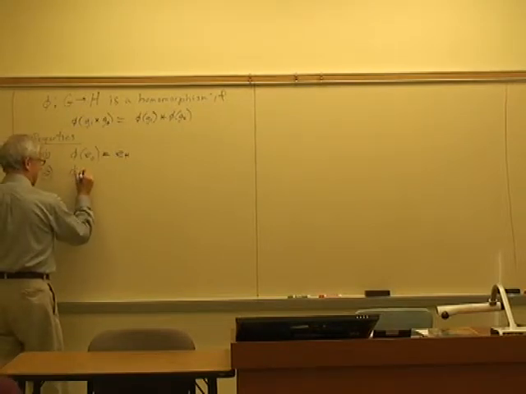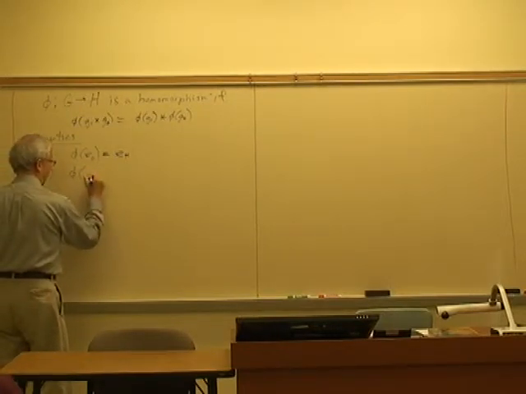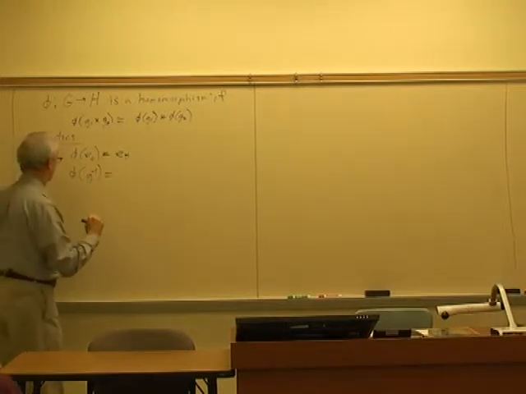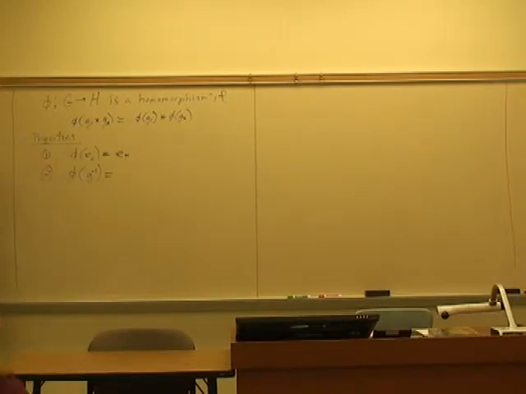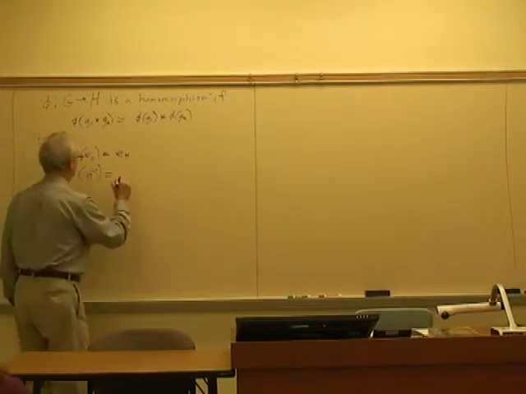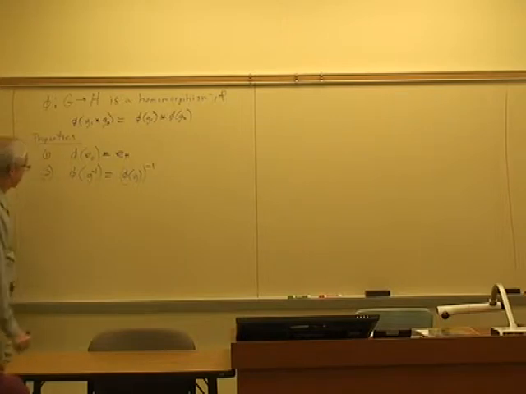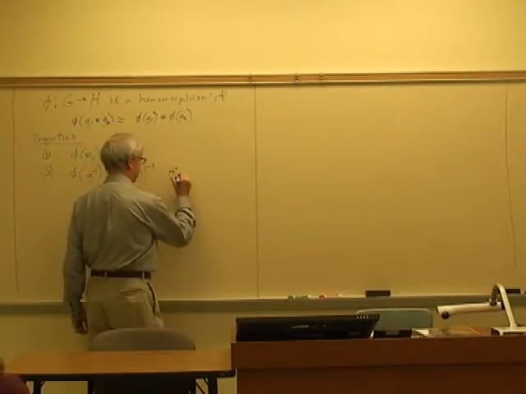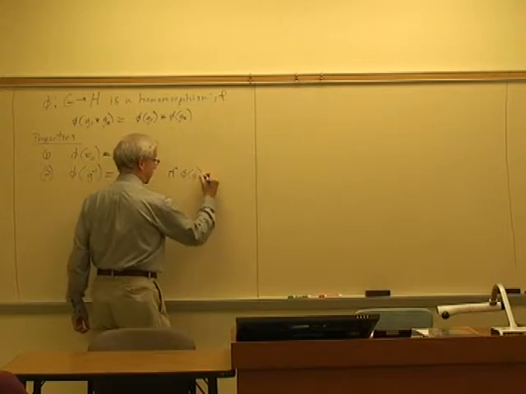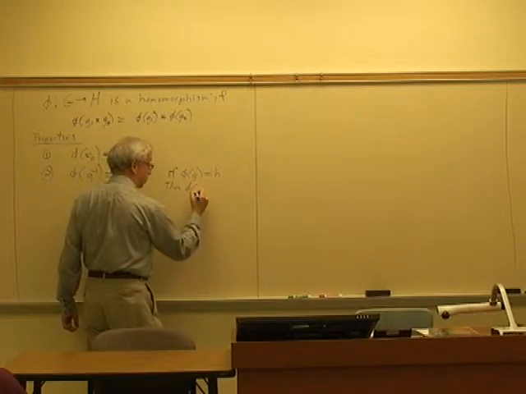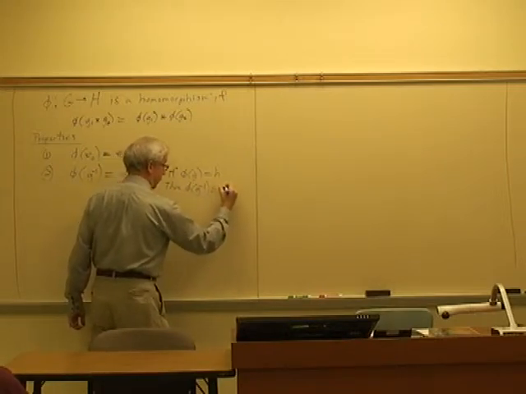If I apply the map to the inverse of G, what do I get? I get the inverse of its image, right? That is, if phi of G gives me the element H, then phi applied to G inverse gives me H inverse.